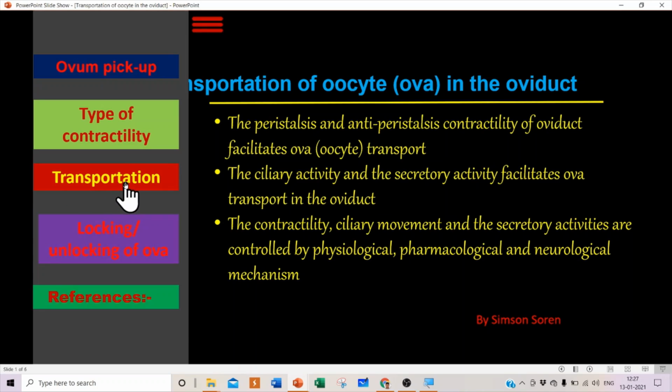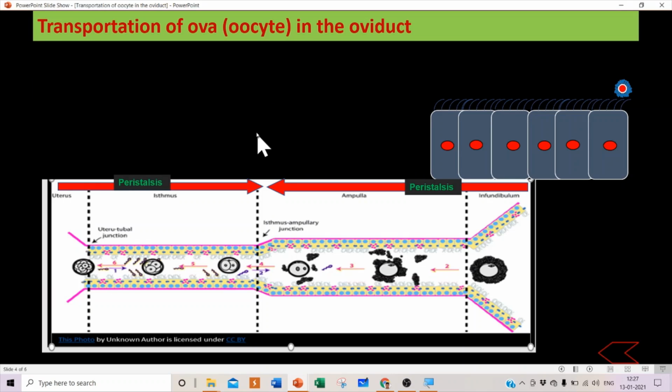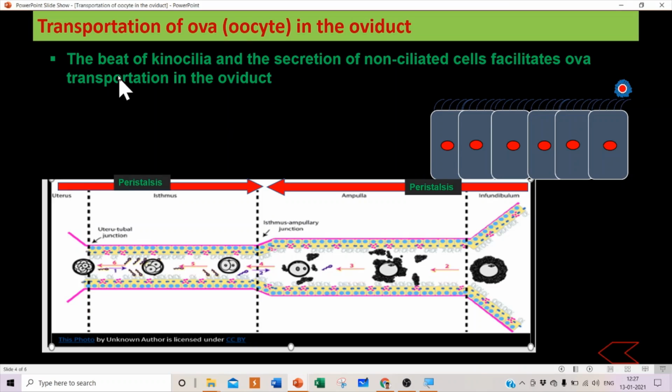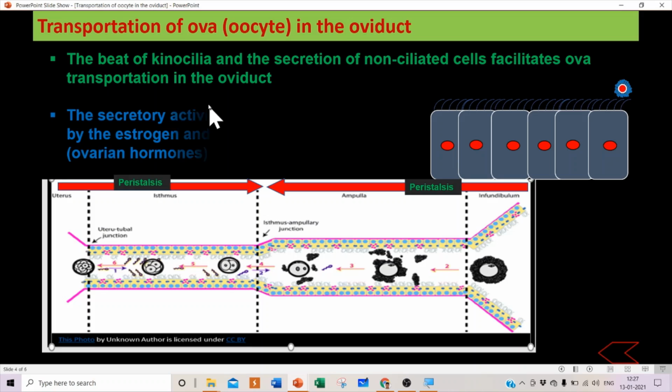What are the other factors that help in facilitating oocyte transport? The beat of kinocilia and the secretion of non-ciliated cells facilitate ovum transport in the oviduct. The secretory activity is primarily controlled by the estrogen and progesterone ratio, the ovarian hormones.